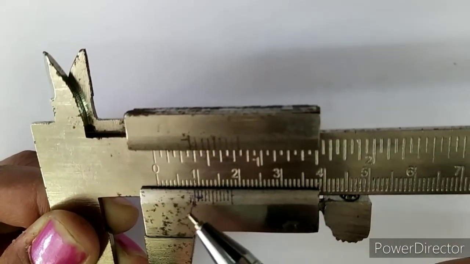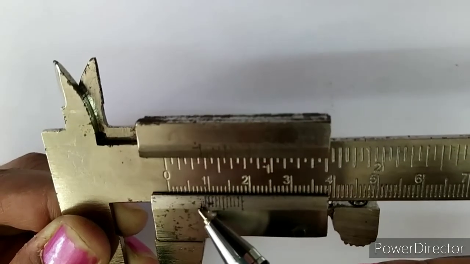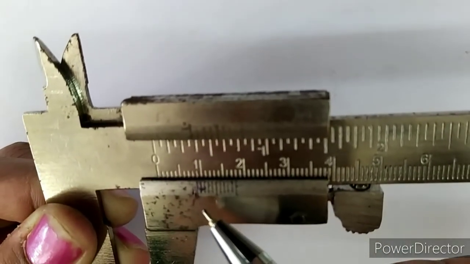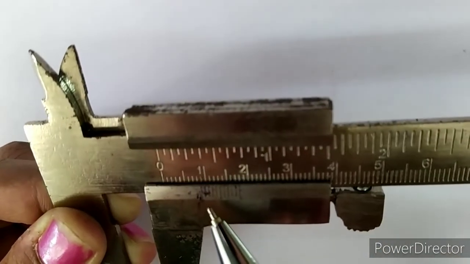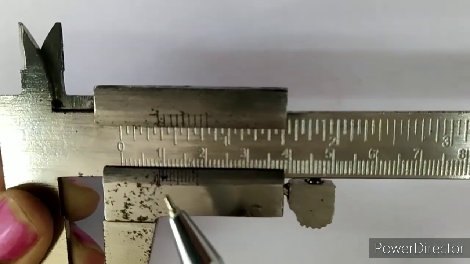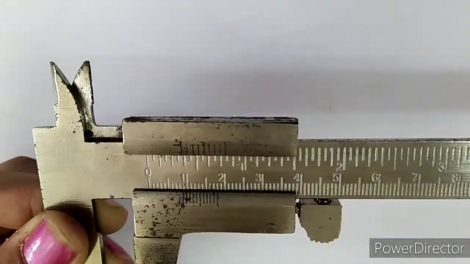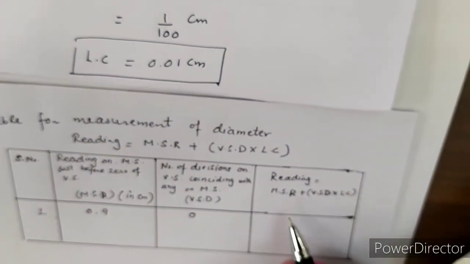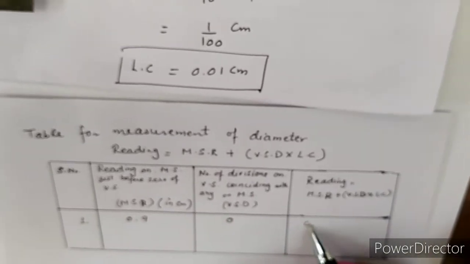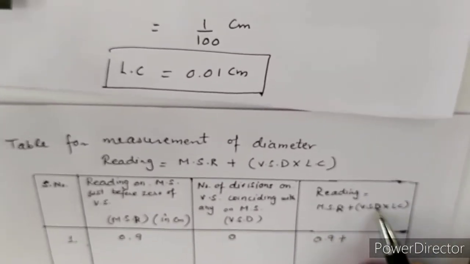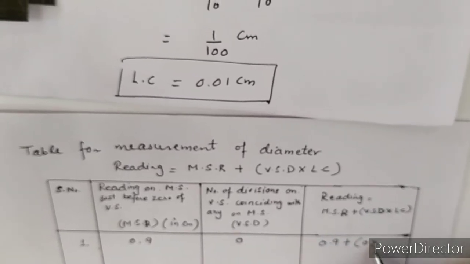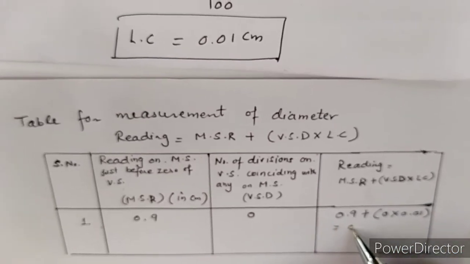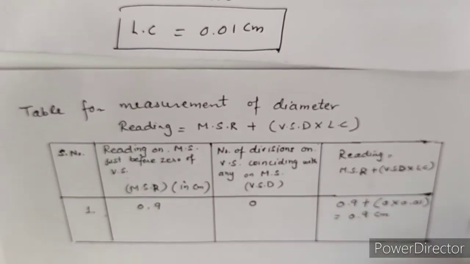Which of these is coinciding? Actually 0 is coinciding, best coinciding, as we already discussed. Yes, 0 is best coinciding. So we can write 0. So the reading will be main scale reading 0.9 plus vernier scale division 0 and least count 0.01 centimeter. So the reading is only 0.9 centimeter.